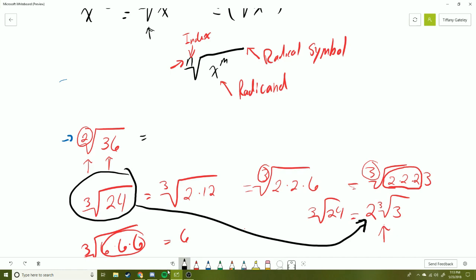So equals the square root of 2 times 36 divided by 2, 18. 2 times 18.